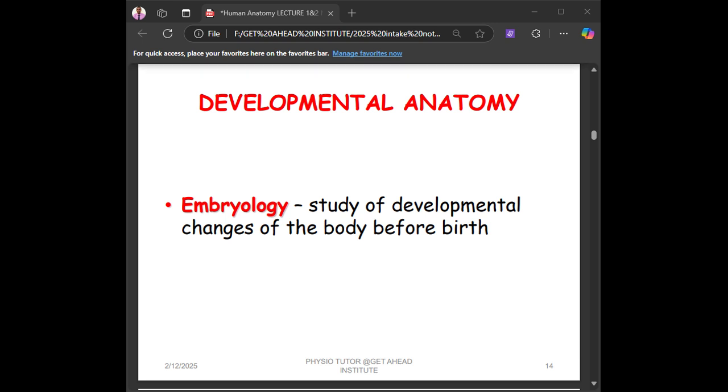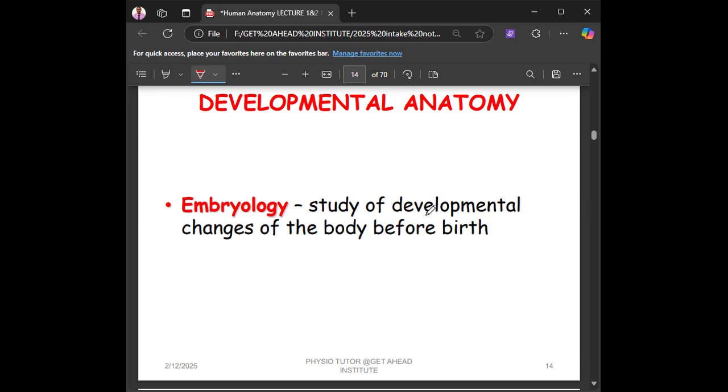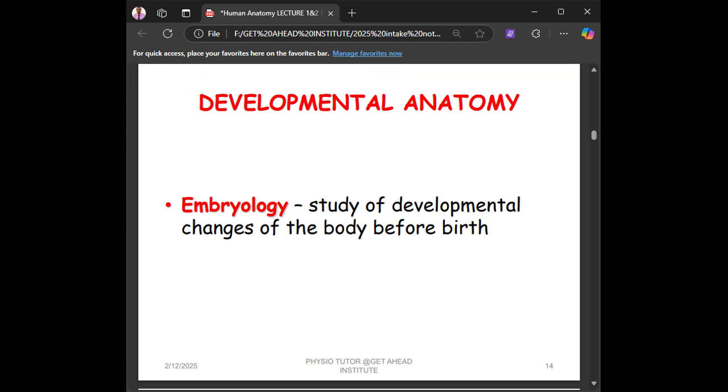In other words, when we're talking about embryology, this branch of anatomy studies the formation, development, and growth of an organism from the fertilized egg to the fetal stage, as it explores the processes and stages that lead to the development of tissues, organs, and overall body structure, whereby it helps us understand normal development as well as congenital anomalies.